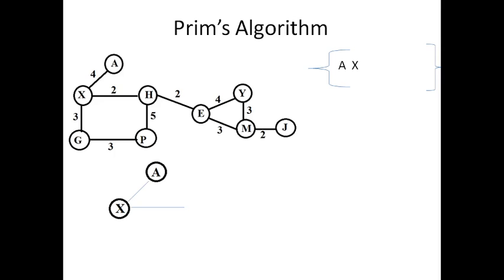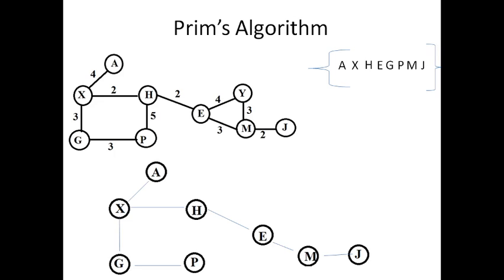All the vertices that you are adding remain interconnected with the minimum spanning tree. Like, for example, A and X are connected, X and H are also connected, H and E also connected. So it continues to remain connected until the last step.